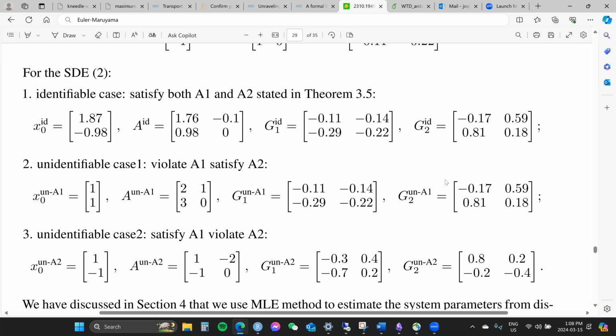In their definition, this graph, which they call the signature, has an edge from one variable to another if the first appears anywhere on the right-hand side of the equation for the second. They don't say where, including the diffusion, if you want additive noise.